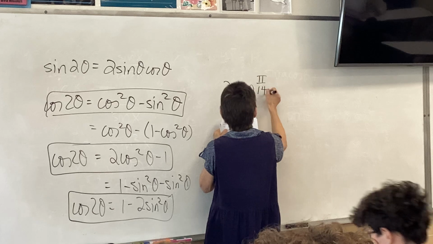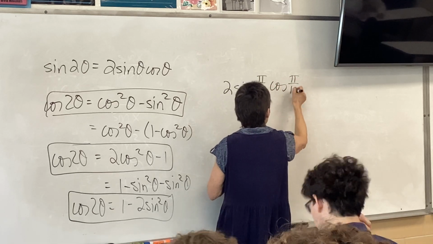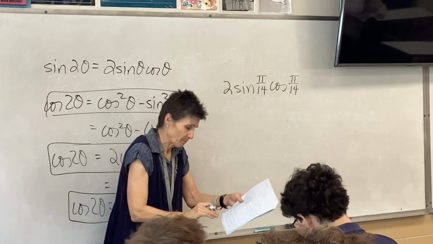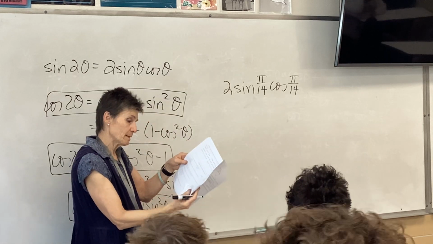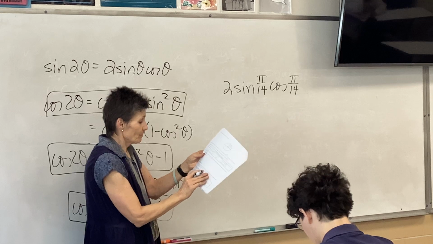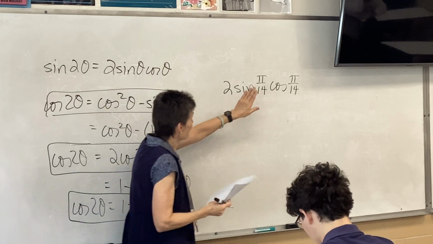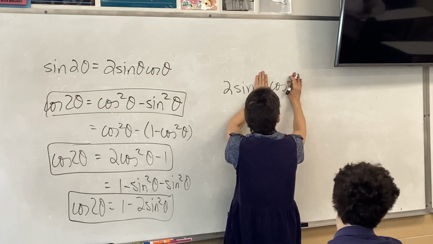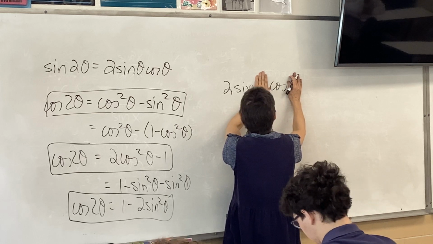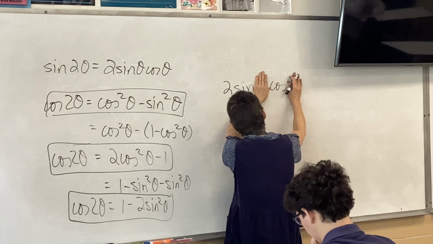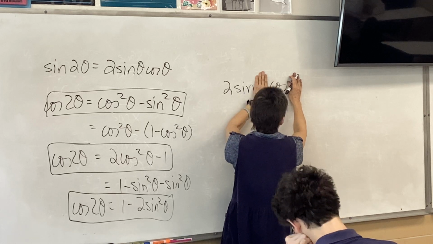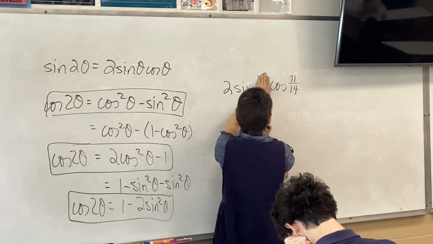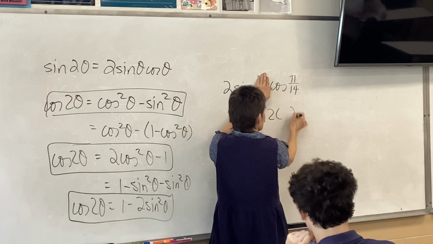2 sine cosine. Look at the list of formulas, they're all in boxes. Forget the pi over 14s for a second. What formula has the form 2 times sine times cosine? Forget these specific angles. Double angles, so sine of twice the angle.